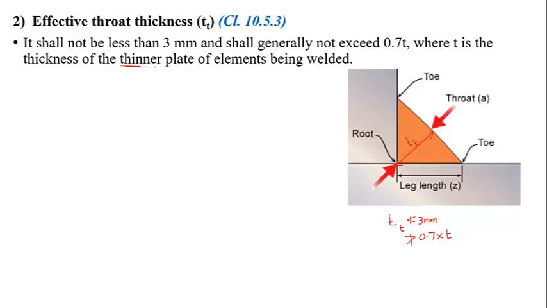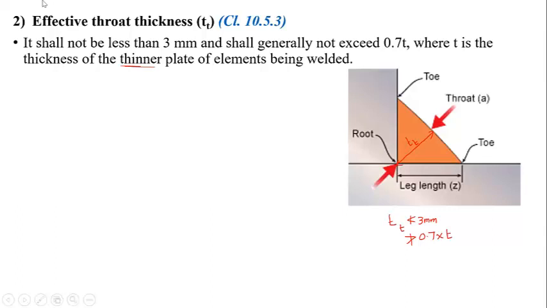Remember, T is the thickness of the thinner plate. So that is one of the specifications for effective throat thickness. It shall not be less than 3 mm and shall not be greater than 0.7 times T.